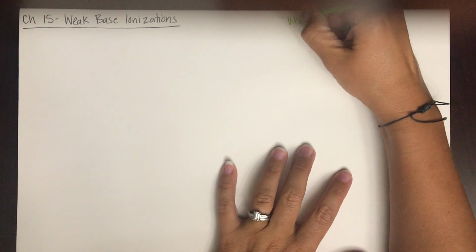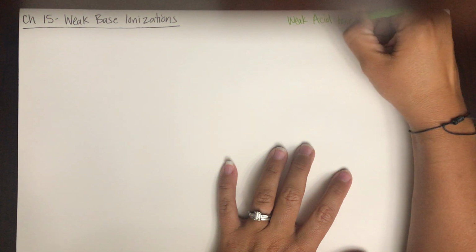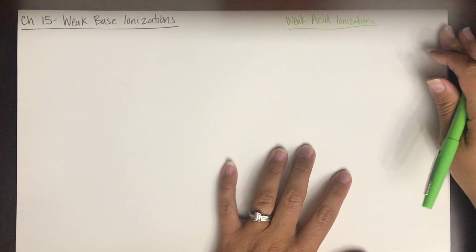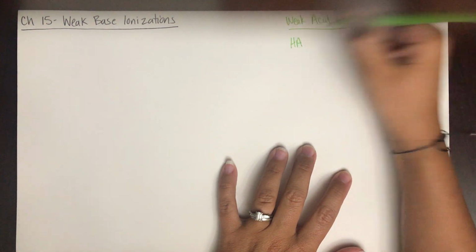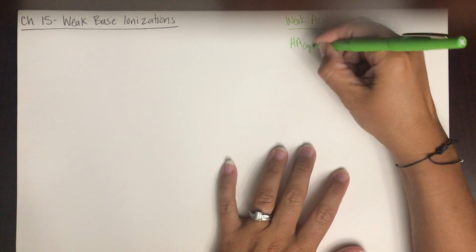To contrast, this is what weak acid ionizations look like. Remember, they have this generic formula of the weak acid, HA. So this could be any weak acid, which is aqueous.